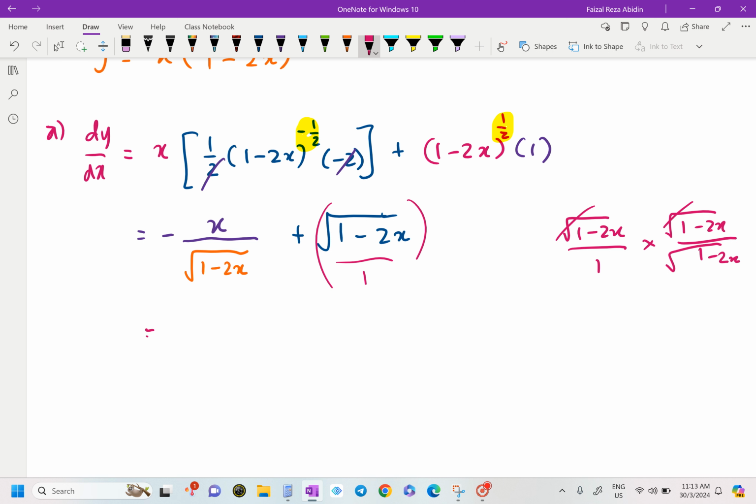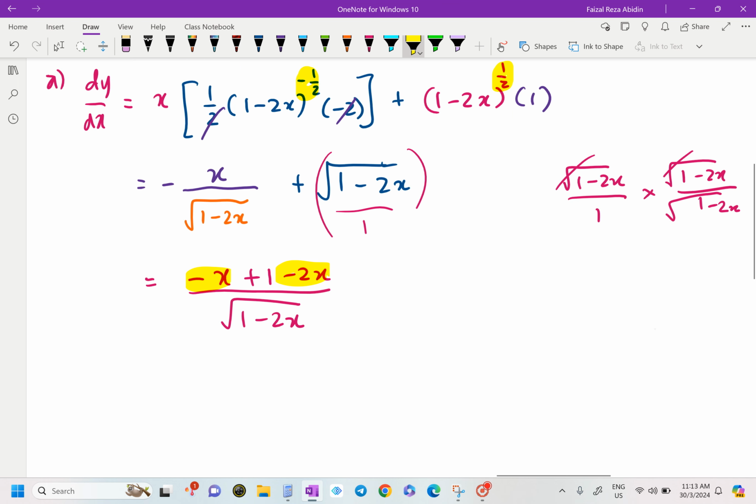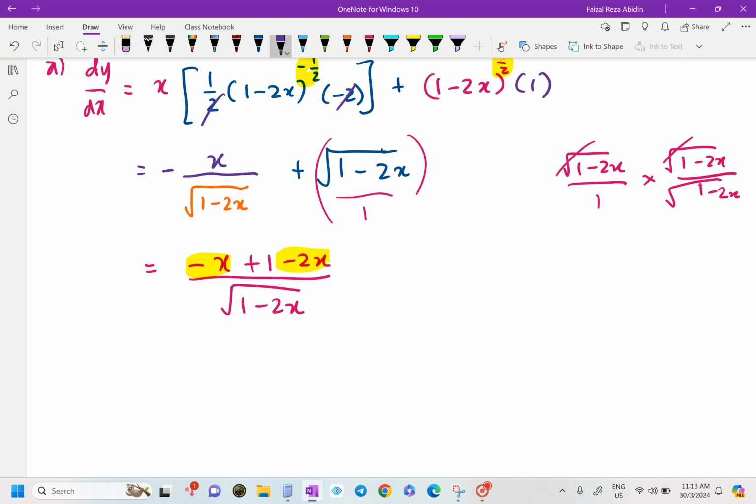So we are going to get negative x plus 1 minus 2x over the square root of 1 minus 2x. What happened next? If you look over here, these are our like terms, I can simplify that one. So I'm going to get 1 minus 3x over the square root of 1 minus 2x.